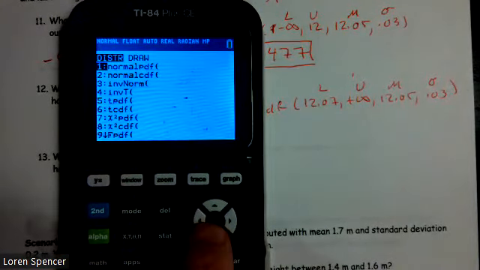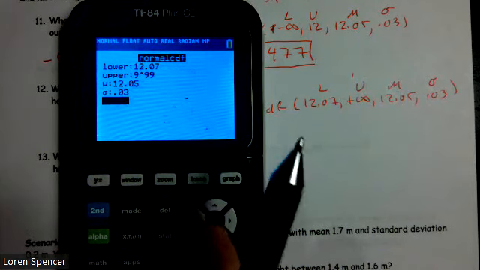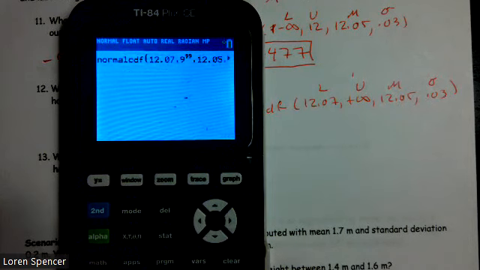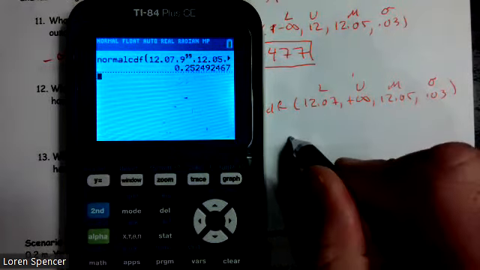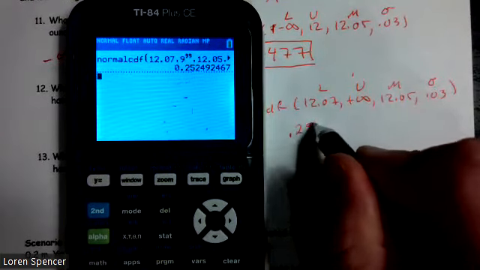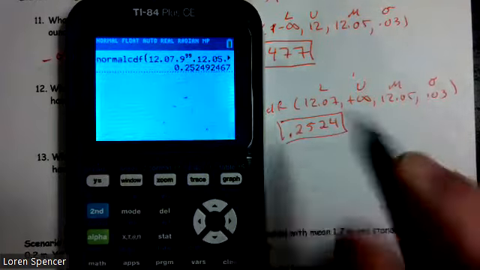So second vars, normal CDF, 12.07 is my lower. My upper is 9.99. My mean is 12.05 and standard deviation of 0.03, which I already had in the calculator. And we find out that it's about 25%. So remember 4 places, 0.2524, truncate, and box your answer.